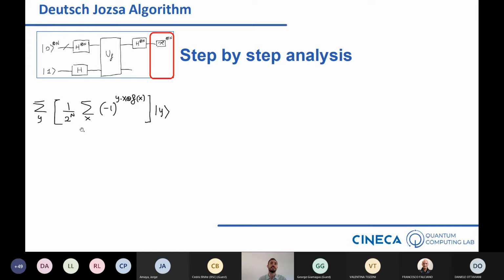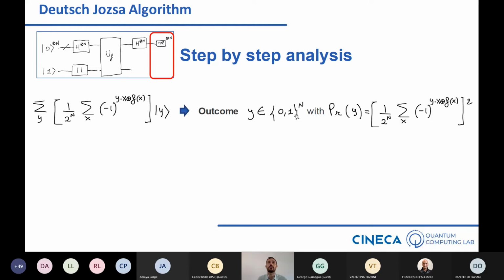So when you measure y in the last step, you get some outcome at the output with a probability that is exactly this term inside the parentheses, modulus squared. Let's look better at this.